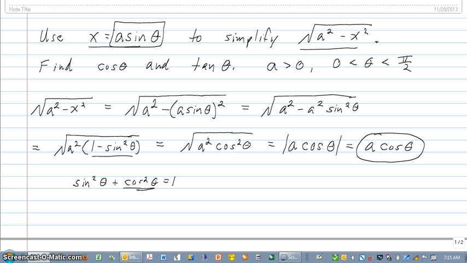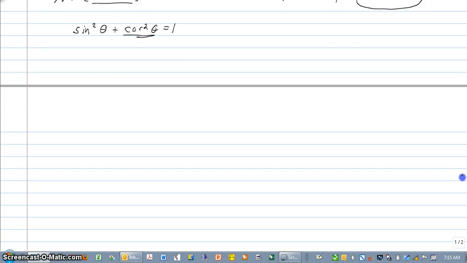And then we have this other part of the problem, which is to figure out the cosine of the angle and the tangent of the angle. And to do that, I'm going to use what was given, which is that x is equal to a sine theta. And I'm just going to solve that to tell me that the sine of theta must be x over a.